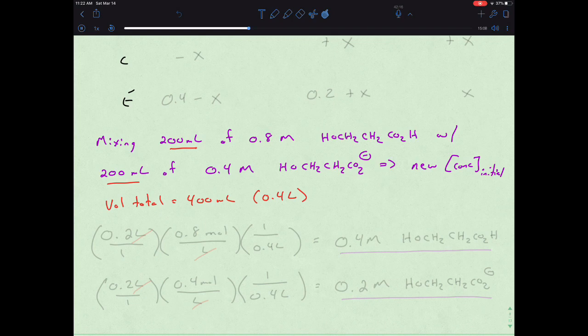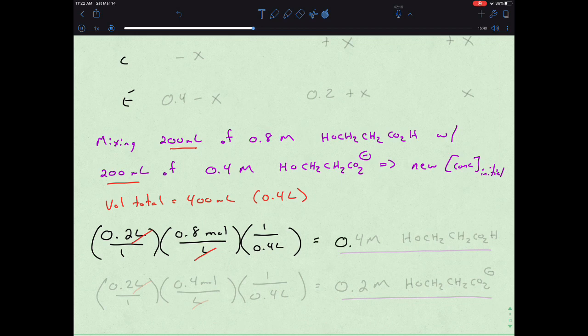If I start with 0.2 liters, multiply by 0.8 molar, and then divide by the new volume of 0.4 liters, this is like an M1V1 equals M2V2 dilution scenario, where moles are constant and I divide by the new volume to get the new molarity.